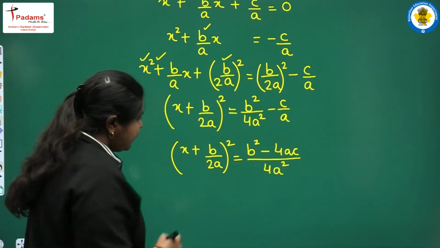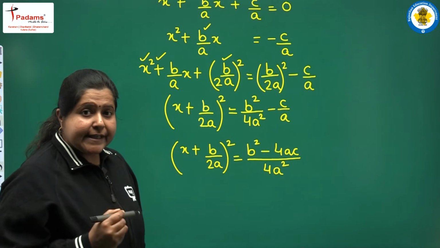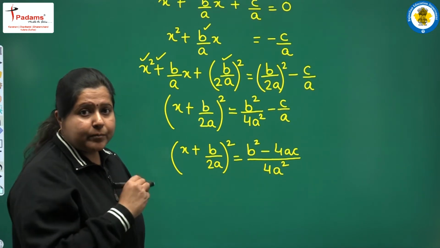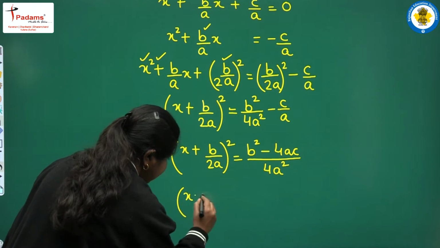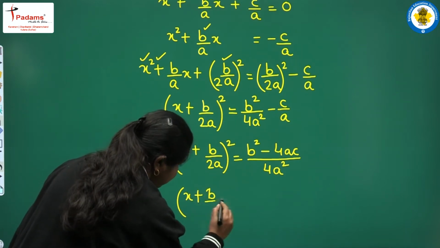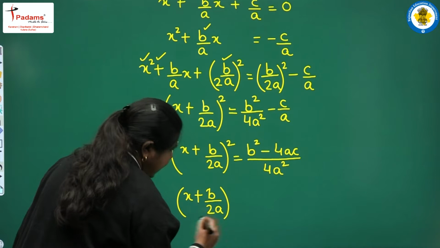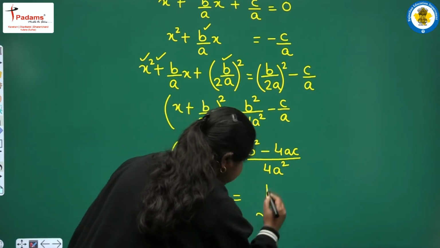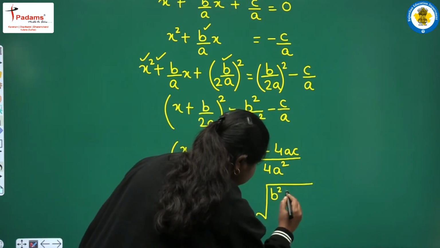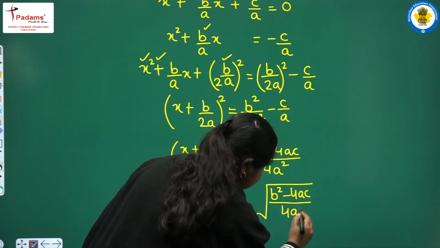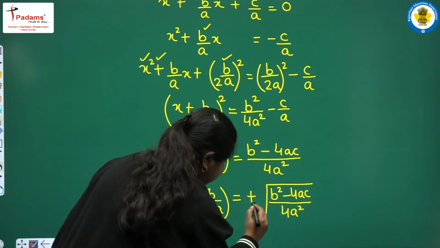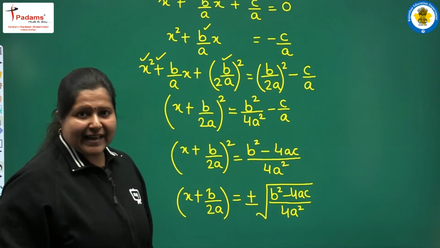Next, we have to remove this square. For this, we will find the square root on both sides. Taking the square root on both sides, we will get x plus b upon 2a in the LHS, and here we will be taking the square root of b square minus 4ac upon 4a square. And now we will be taking both the values, positive as well as negative.